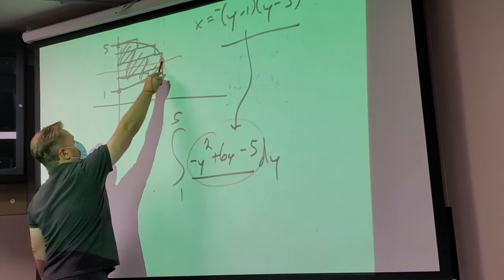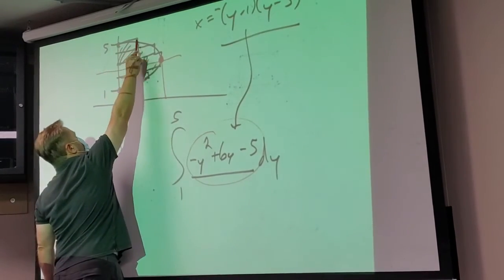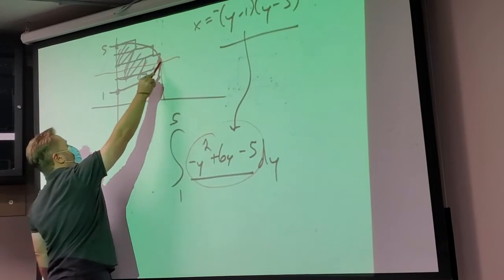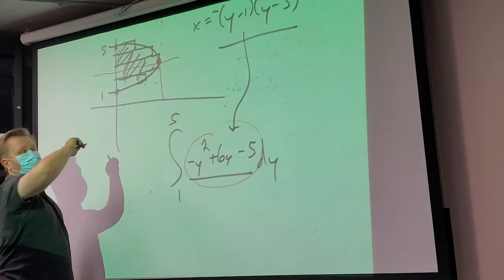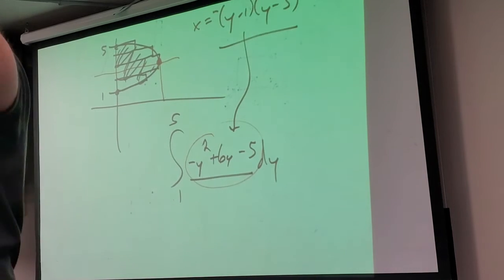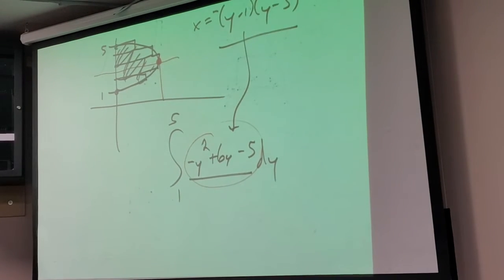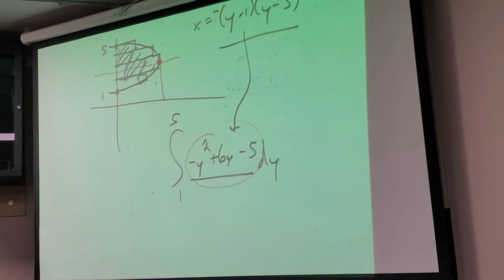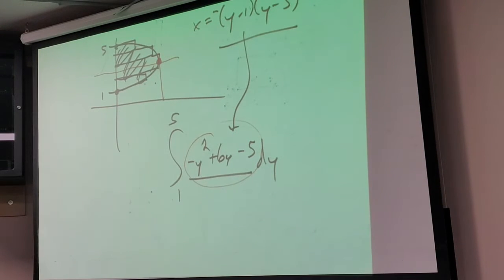Is there one function that defines this in terms of x? No, because it doesn't pass the vertical line test. So when you solve for y, wouldn't there be a plus or minus? So that would be the positive and that would be the negative.